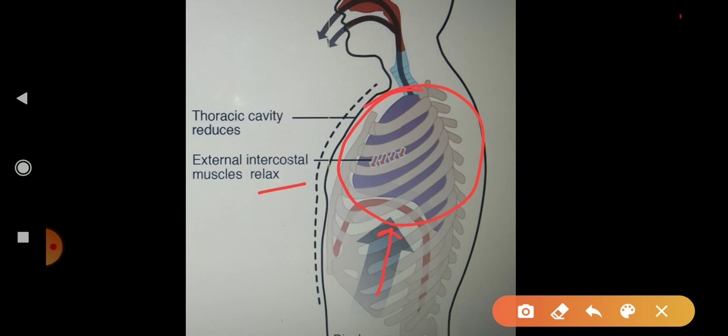Due to the decrease in size, the air pressure increases, and the air pressure inside the lungs is greater than the pressure outside, and due to that the air moves outside. This is the process of exhalation.